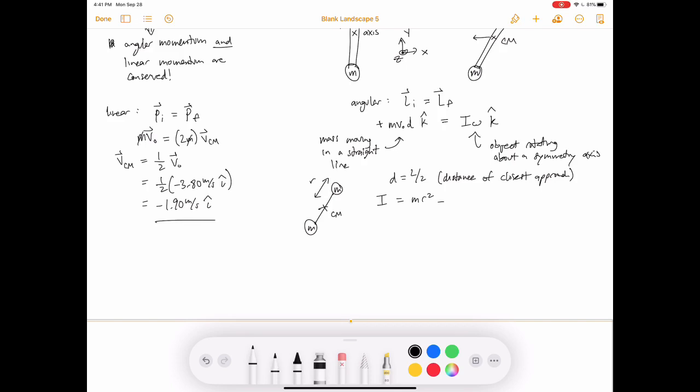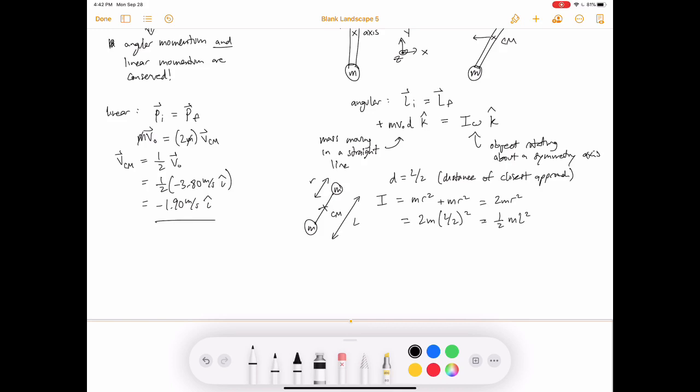But we have two, so it's going to be m r squared plus m r squared, or 2 m r squared, where r is half the length of the beam. So that would be 2 times m times L over 2 squared. And overall we have 1/2 times m times L squared.